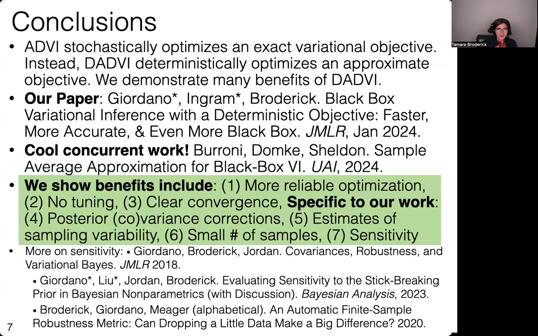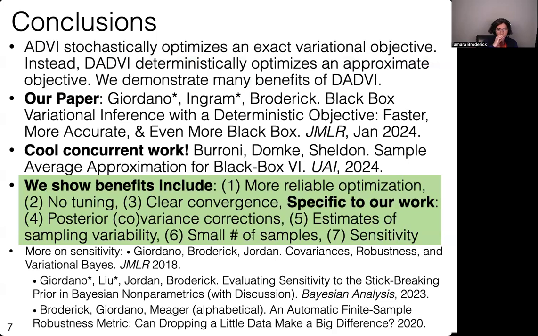Something we also show in our paper is that traditionally, in a very general set of optimization problems, you would expect the sample average approximation to require more samples, more compute than SGD, and a number of samples that grows in a possibly prohibitive way with the number of data points. We show that in the special structure of many popular Bayesian models, we actually only need a very small number of samples.